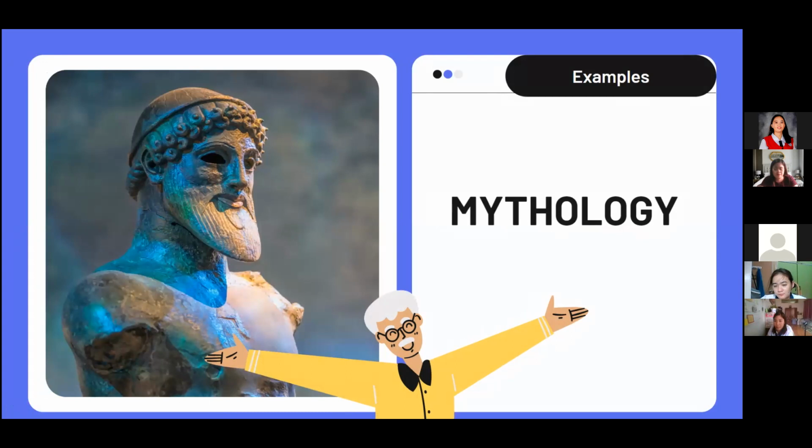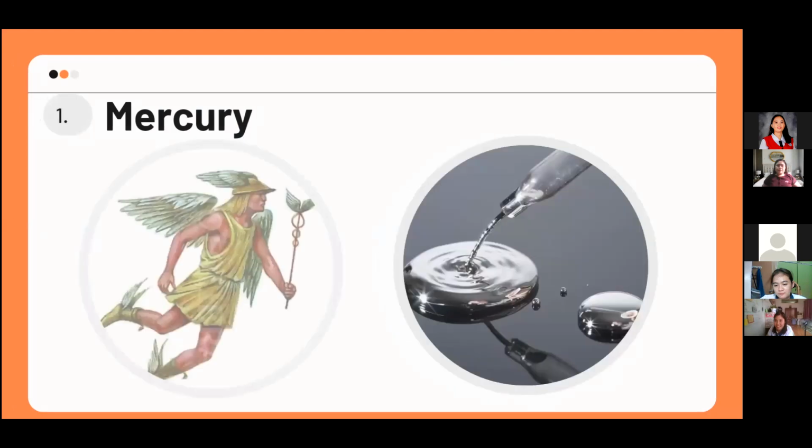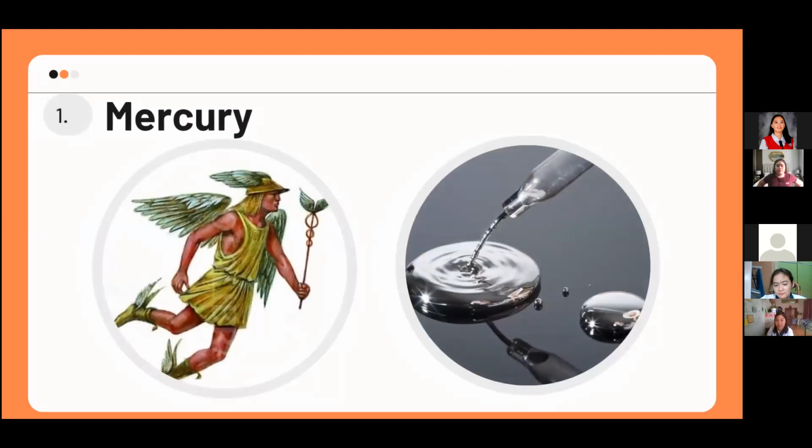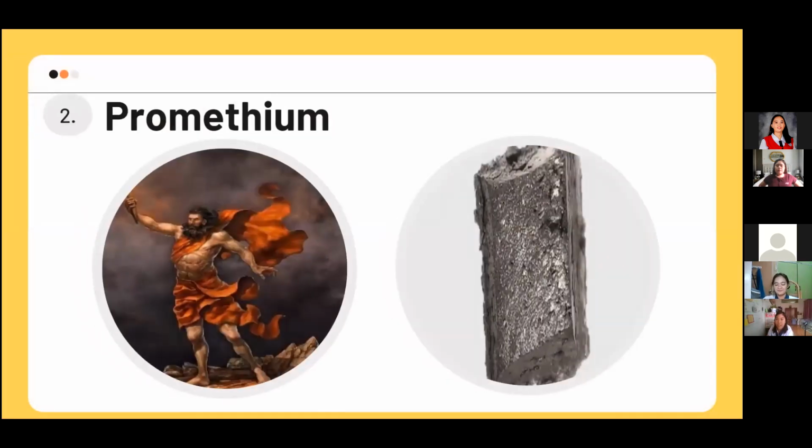So for examples of elements na named after mythological concepts, first we have Mercury, which is named after the Roman messenger of the gods. So Mercury, also known as Hermes kung sa Greek mythology pa siya. So next example we have Promethium.